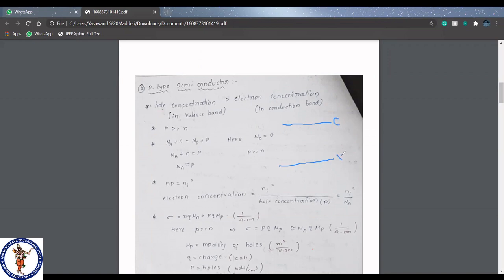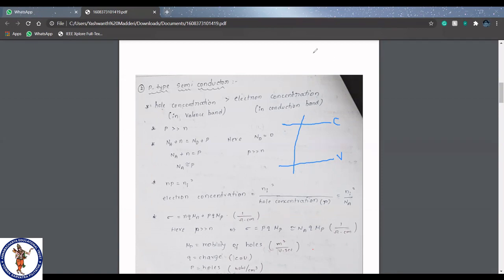Okay, this is the conduction band, and this is the valence band. What we have seen in the case of intrinsic semiconductors is that electrons move from here to here, so there are electrons in the conduction band and holes in the valence band, which produces current at 300 kelvin, or sometimes even 250 kelvin is enough for an electron to excite from the valence band to the conduction band and lead to current flow.